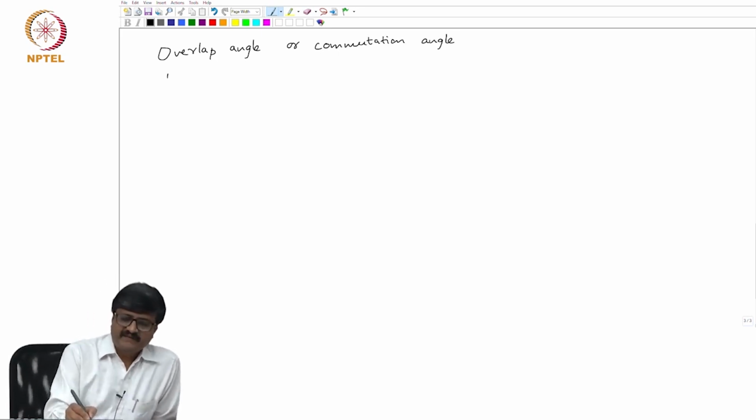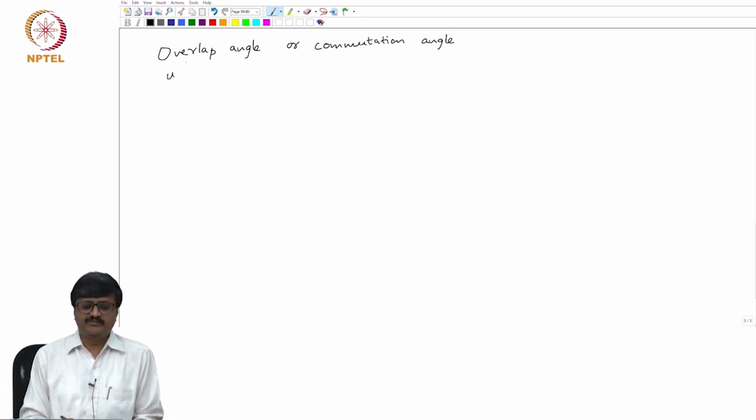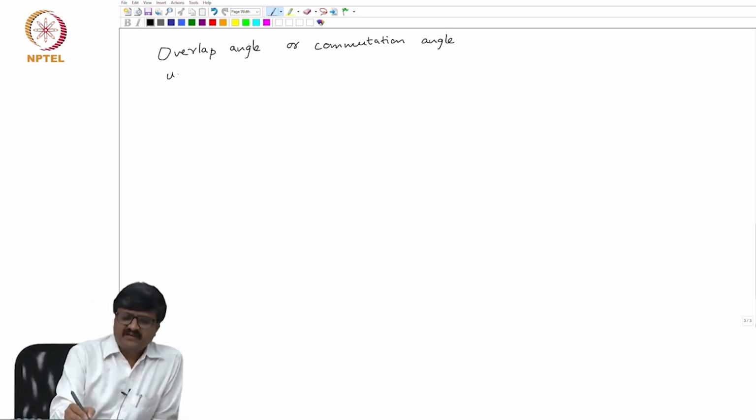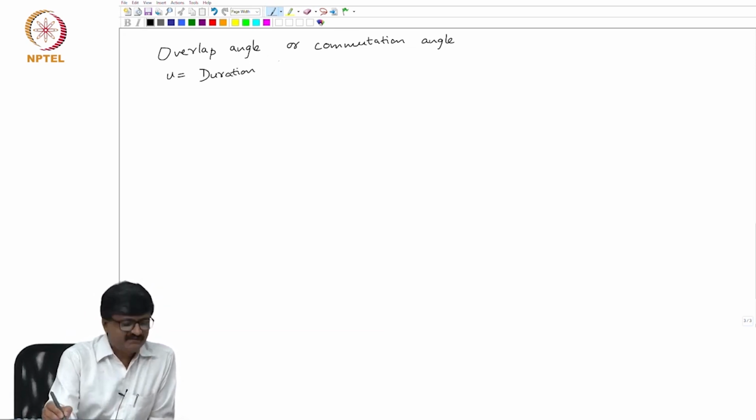We use the letter U for this; the notation is U. Let us see how to define this. The definition is simple. I take the duration, and of course, I always measure the duration in terms of angle, not in terms of time, as the independent variable is angle.